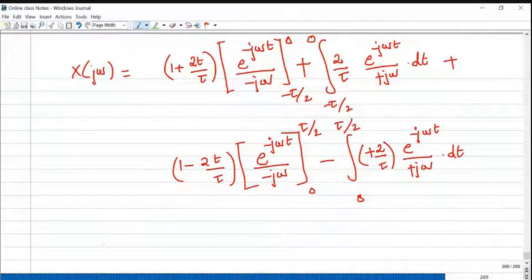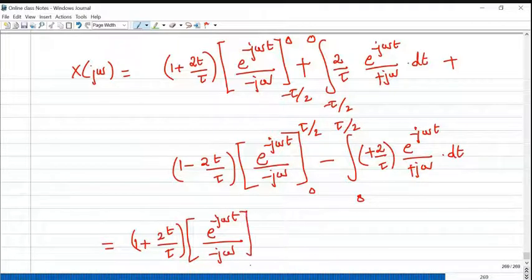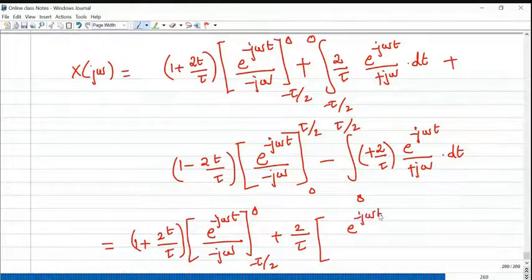So in the next step: 1 plus 2t by tau, e power minus j omega t divided by minus j omega, limit minus tau by 2 to 0, plus 2 by tau, e power minus j omega t divided by j omega times minus j omega.